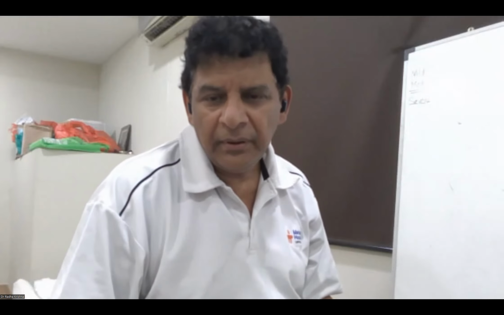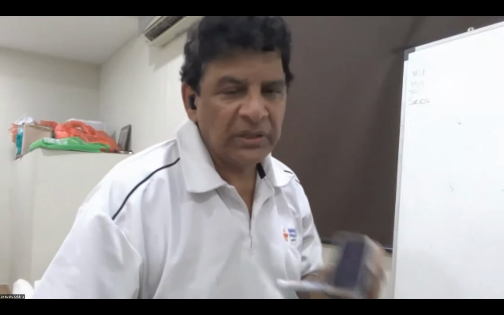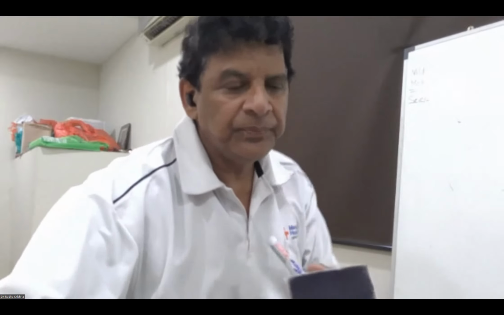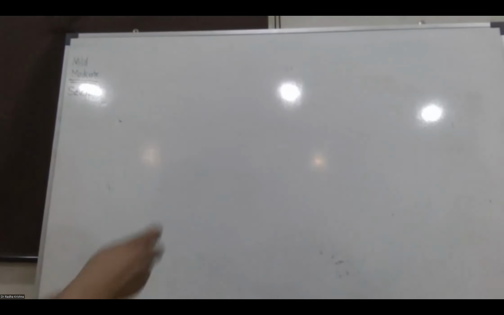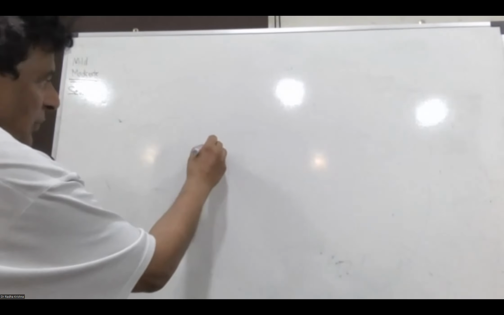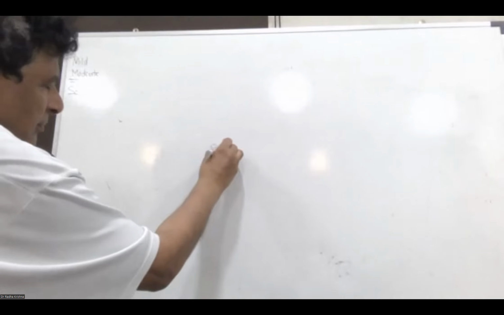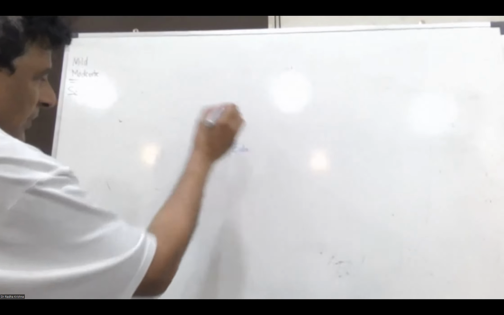sulforaphane. Okay, sulforaphane is something that I want to discuss with you. Very, very important. So sulforaphane comes from broccoli and cabbage.